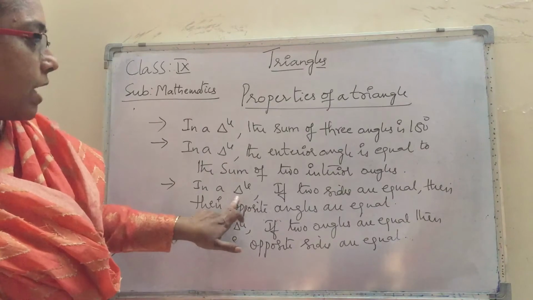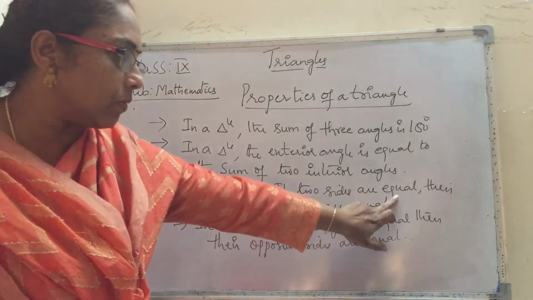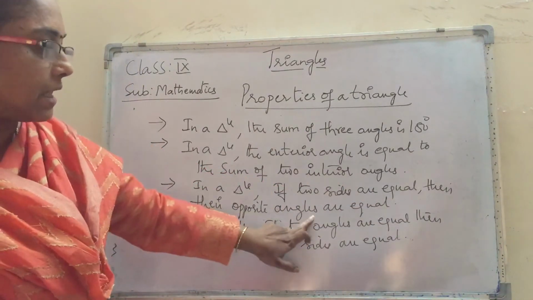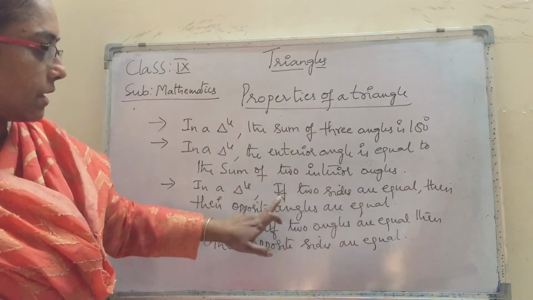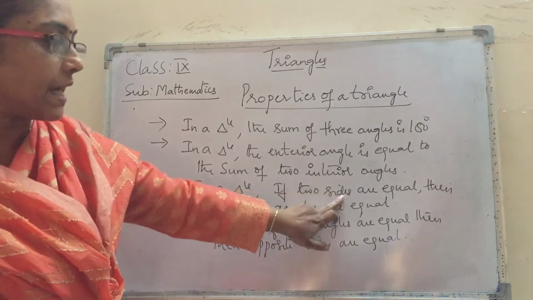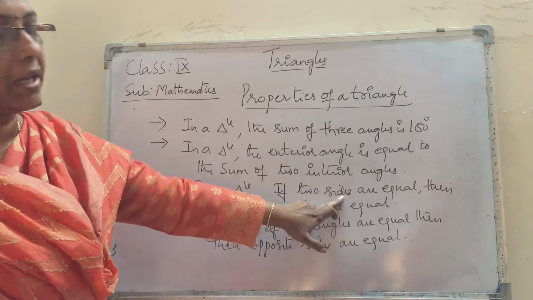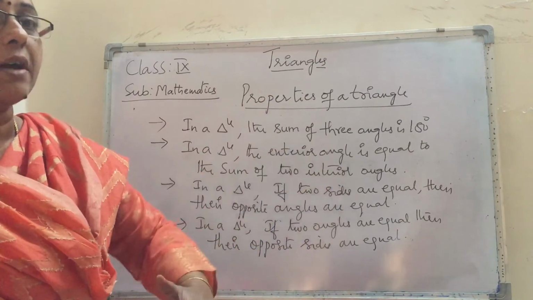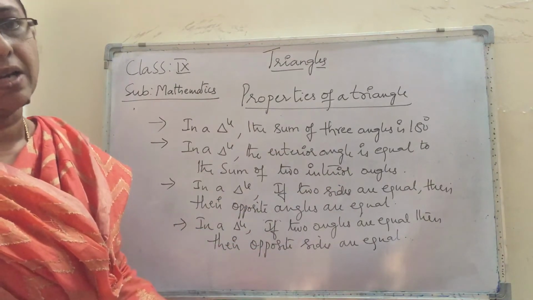See, in a triangle, if 2 sides are equal, then their opposite angles are equal. So what is the given statement? If in a triangle 2 sides are equal, what we have to prove? Their opposite angles are equal.